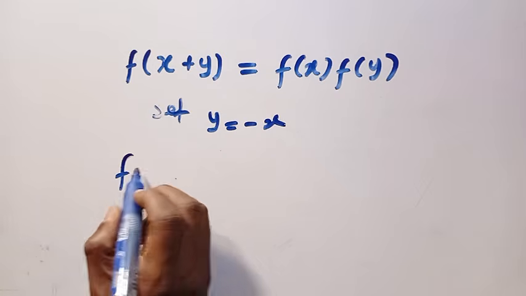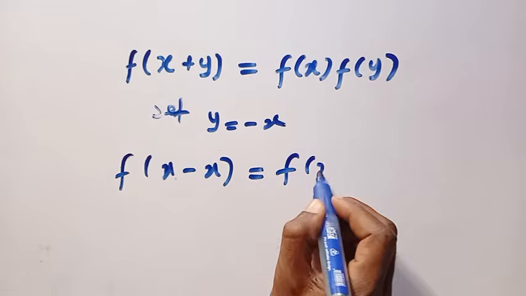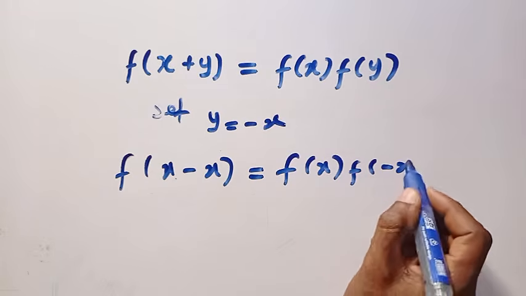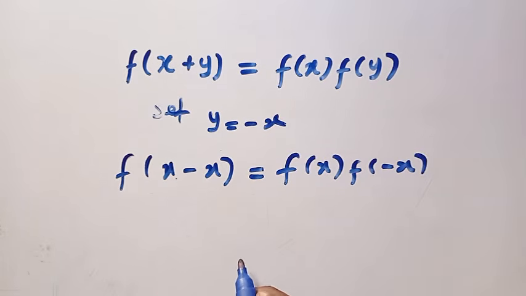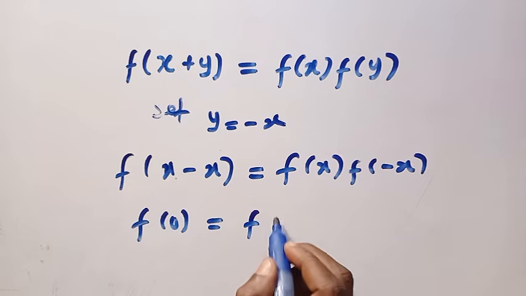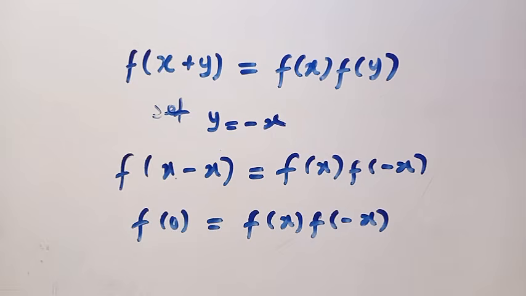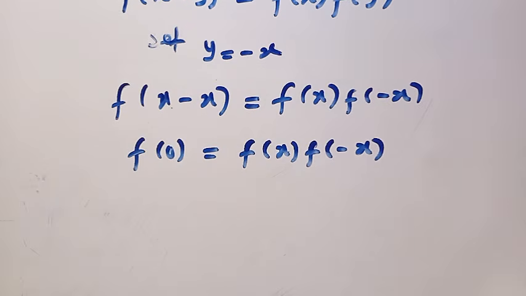Therefore, we are going to have f of x minus x equals f of x multiplied by f of minus x. Then this is f of 0 equals f of x multiplied by f of minus x. Then there are two things we can do here.